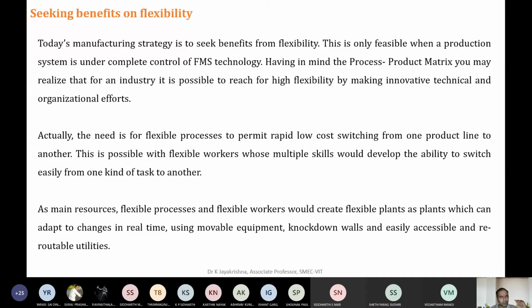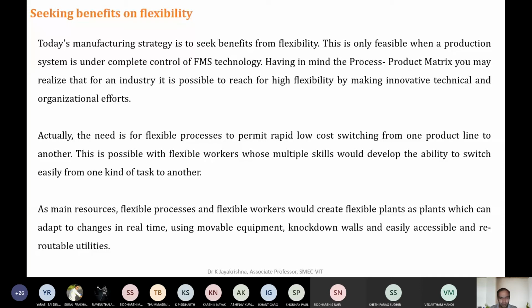So using one or two processes, I should be able to produce many components. Then I can show more variants by using fewer processes. If the process count is high and the product variants you manufacture are also many, then complexity will occur. When complexity is there, it will be difficult for us to achieve flexibility.